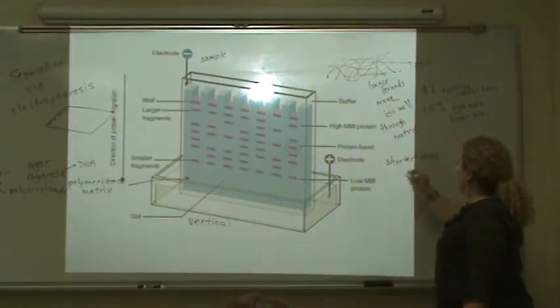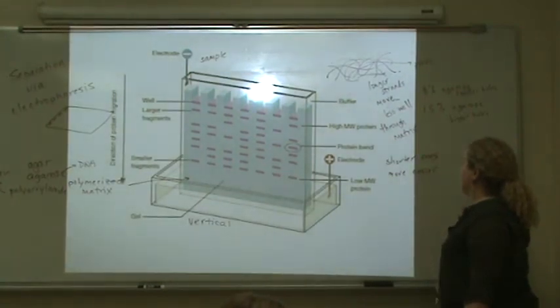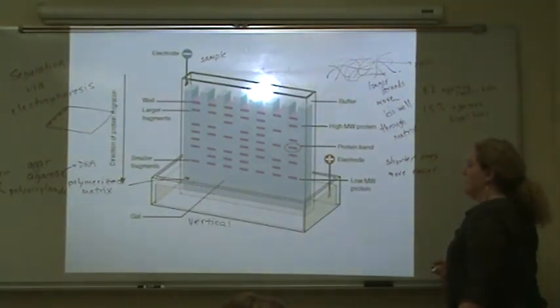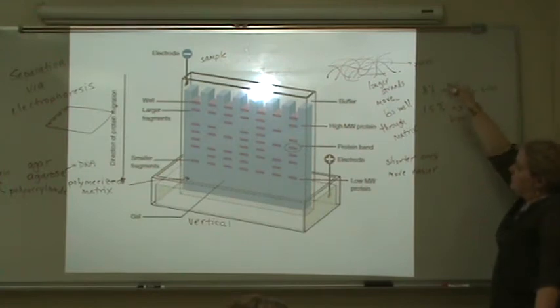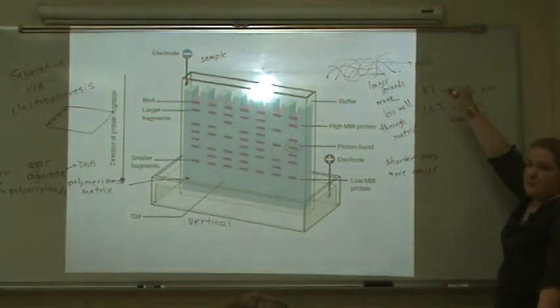Shorter ones move easier. That makes sense. Shorter ones move easier. The more percentage of agarose you use, the more difficult it is to move through a gel.